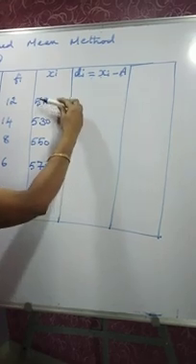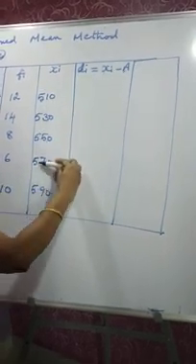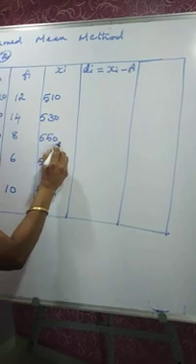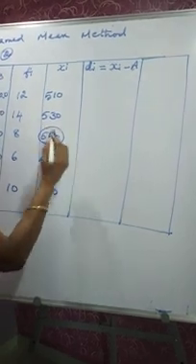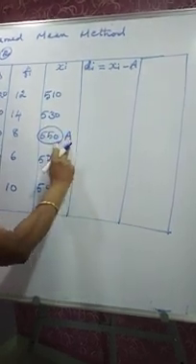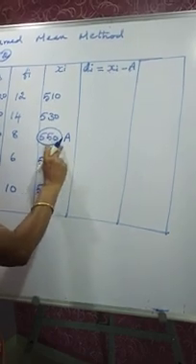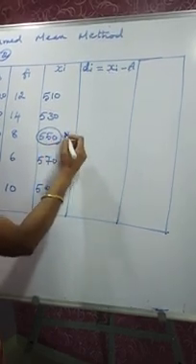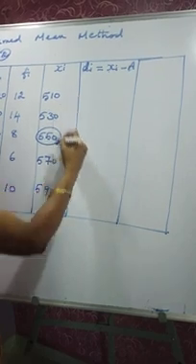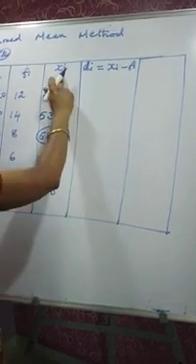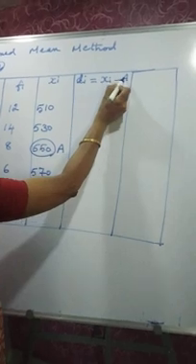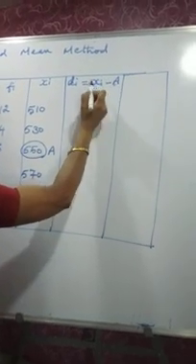Here there are 5 entries, 1, 2, 3, 4, 5. So the middlemost entry is what? 550. So this we are going to take it as assumed mean. In most of the cases, it will be very easy if we take the assumed mean as the middlemost entry of xi column. So remember, assumed mean is marked from xi column.